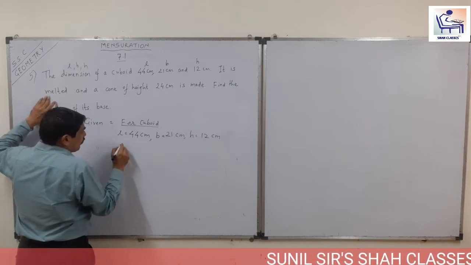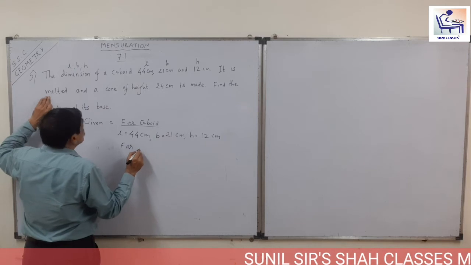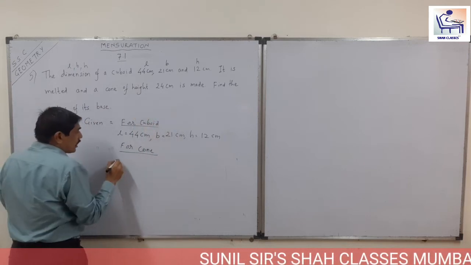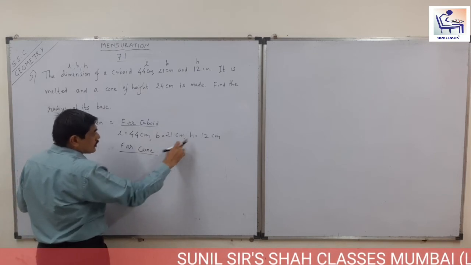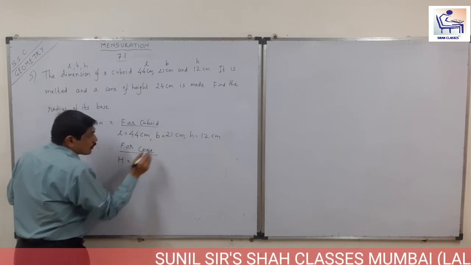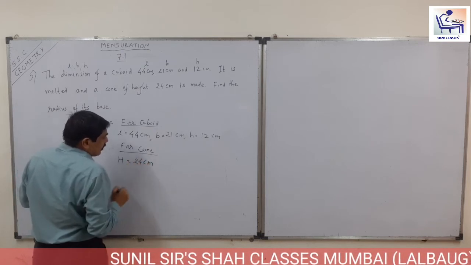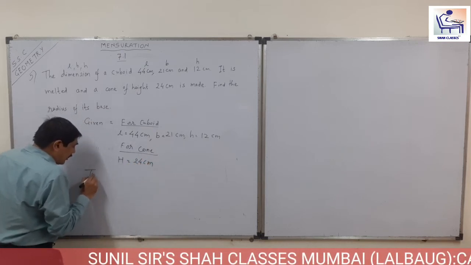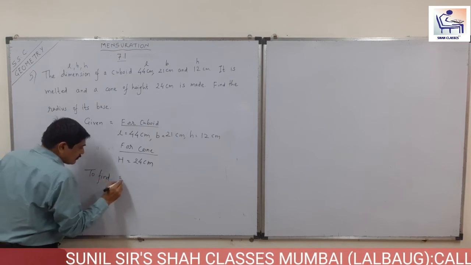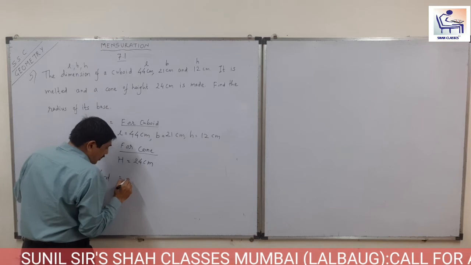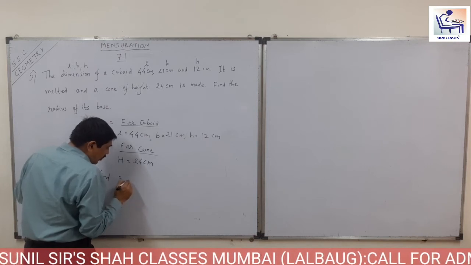For a cone, okay, height is given as, so here also there is an h, so I will use capital H to separate it. We have to separate it for this, and what do we have to find out? Radius. Okay, so we have to find out the radius of the base of the cone.